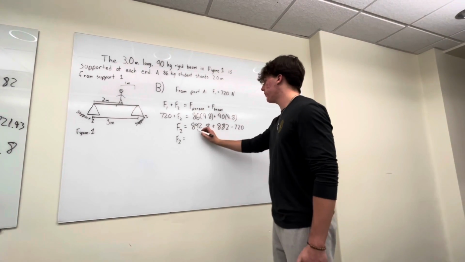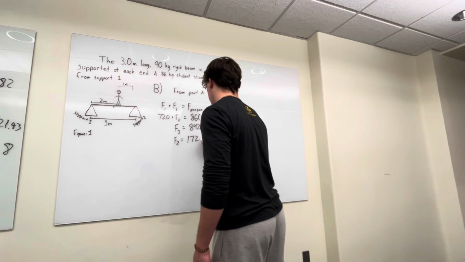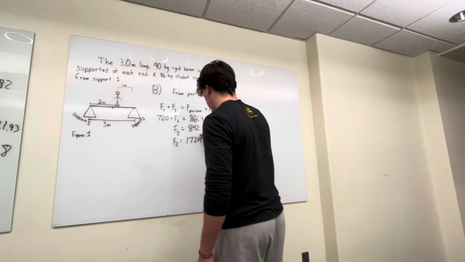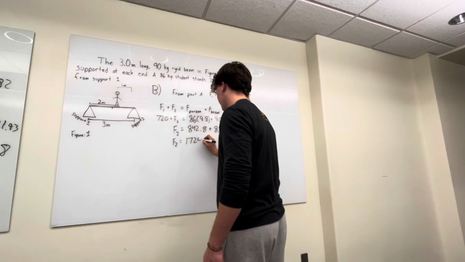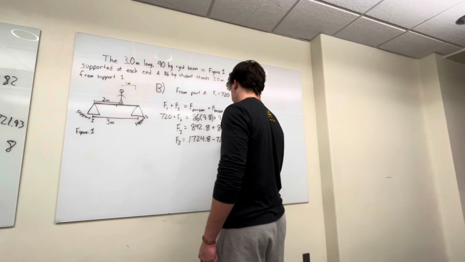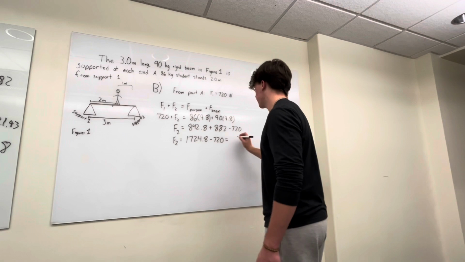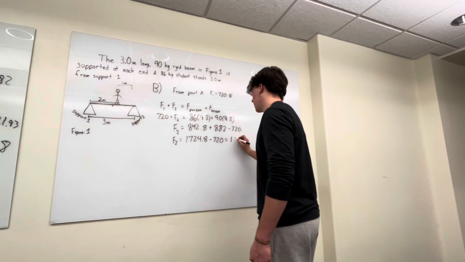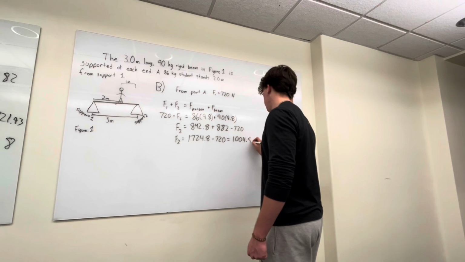Adding these two together, we get 1,724.8 minus 720, which will be equal to 1,004.8.